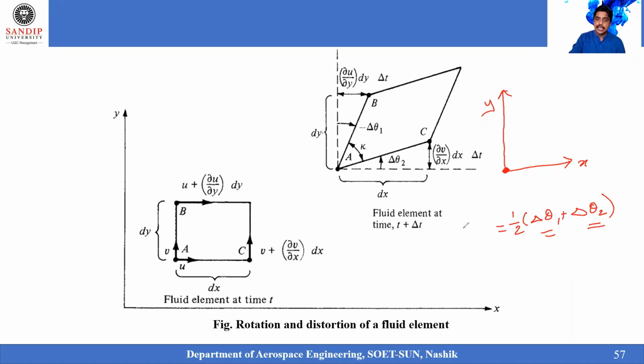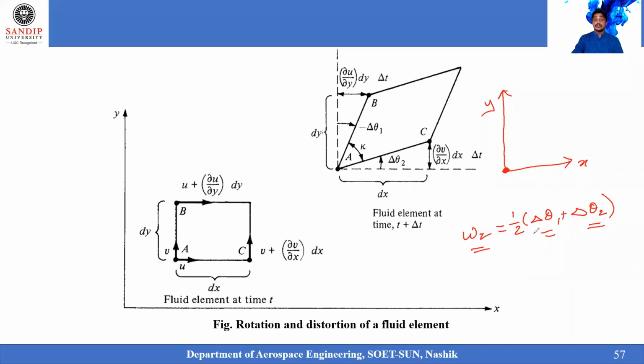Let me represent the angular rotation along the z axis by omega z. The angular rotation is actually the average of the angles made between those two.